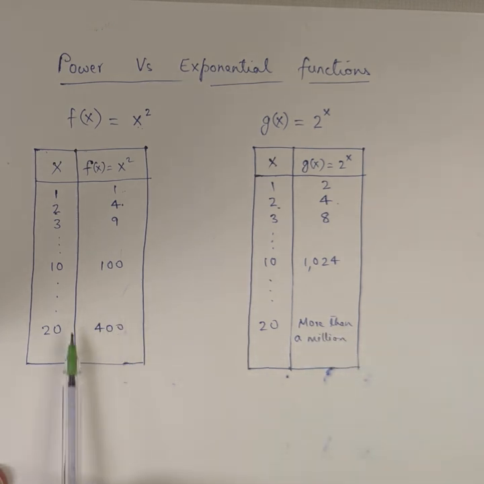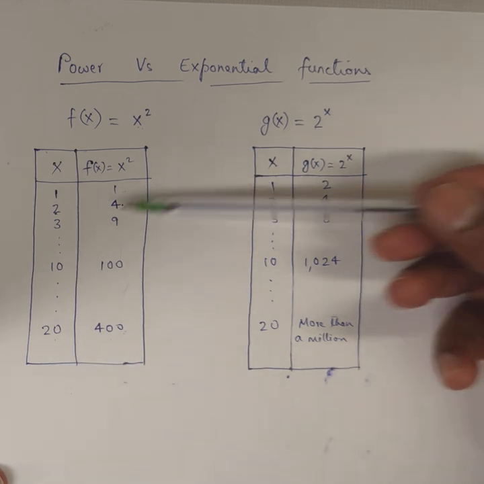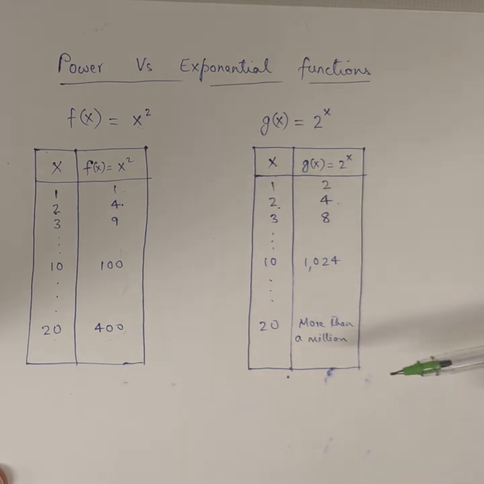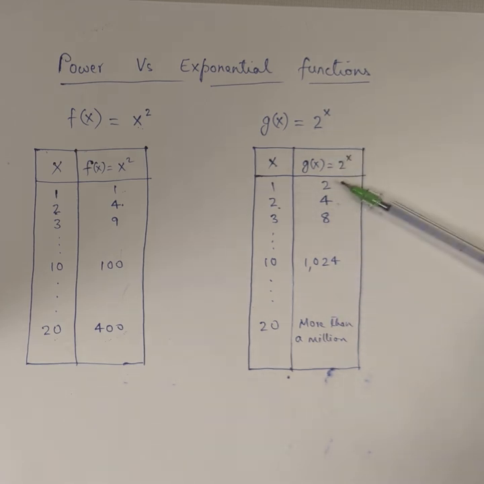Notice, here when x is 20, it's only 400. But here it has gone up to more than 1,000,000. They both started almost the same, but this has risen so much. And that's the characteristic of exponential functions. If the base is more than 1, this is going to grow rapidly.